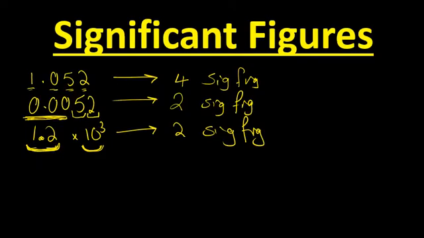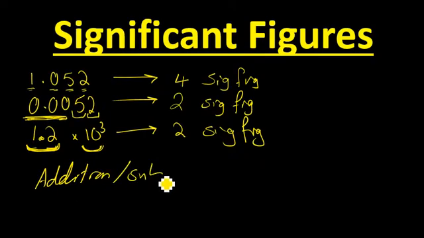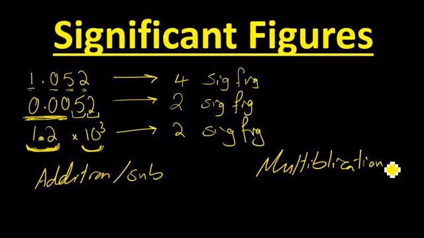Now, let's use the significant figures to know how to solve addition, subtraction, division, or multiplication. In addition and subtraction, we use the least number of decimals in one of the numbers involved in the question.